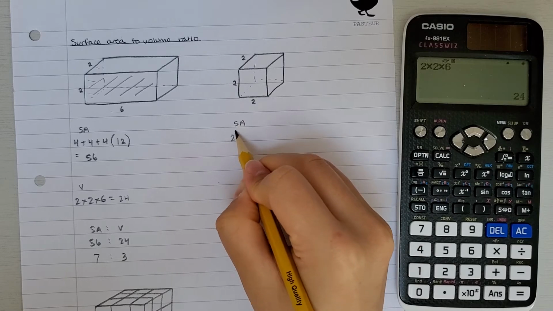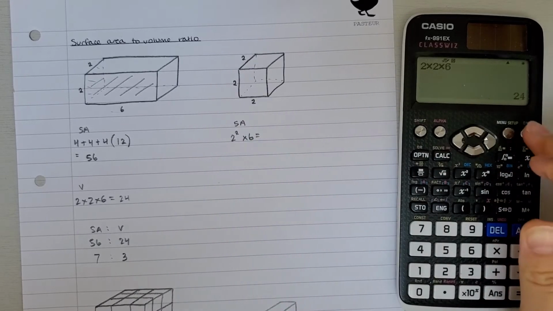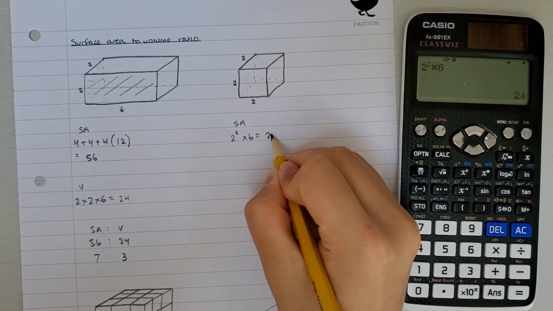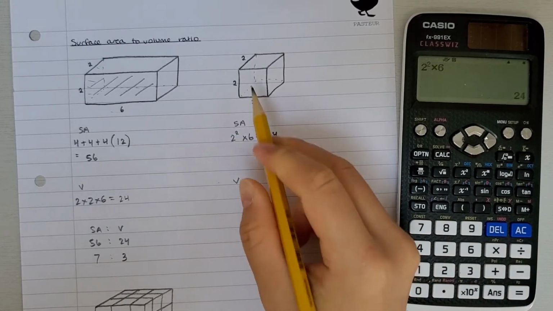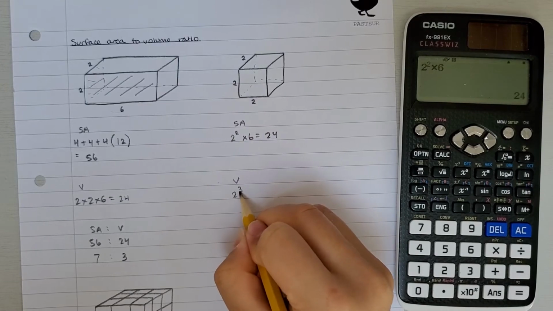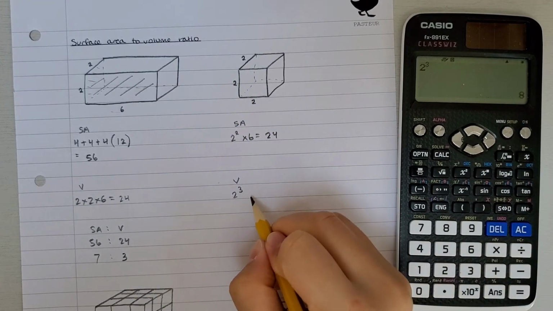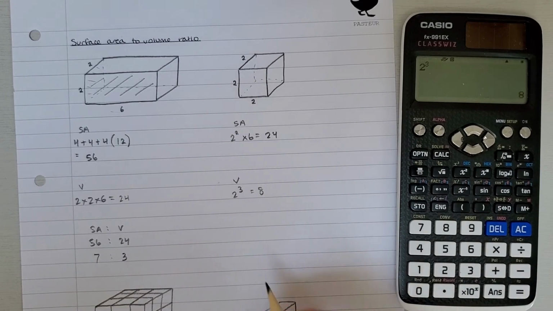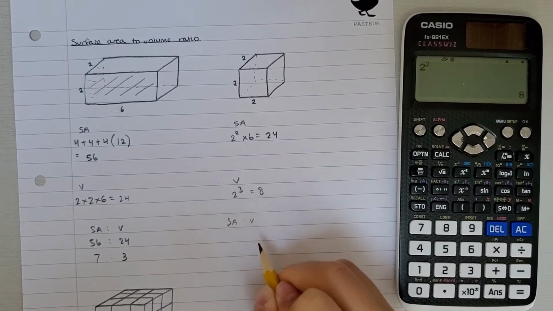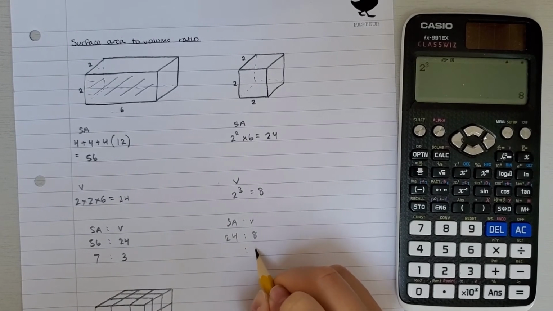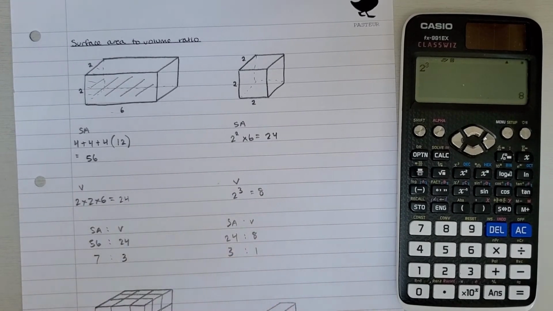So 2 squared times 6 gives us a surface area of 24. The volume is 2 cubed, 2 by 2 by 2, which gives us a volume of 8. So our surface area to volume ratio is 24 to 8. Dividing both sides by 8, we have 3 to 1.